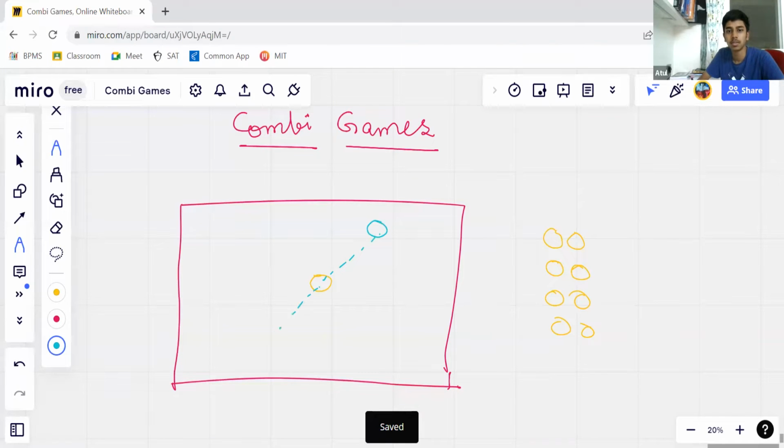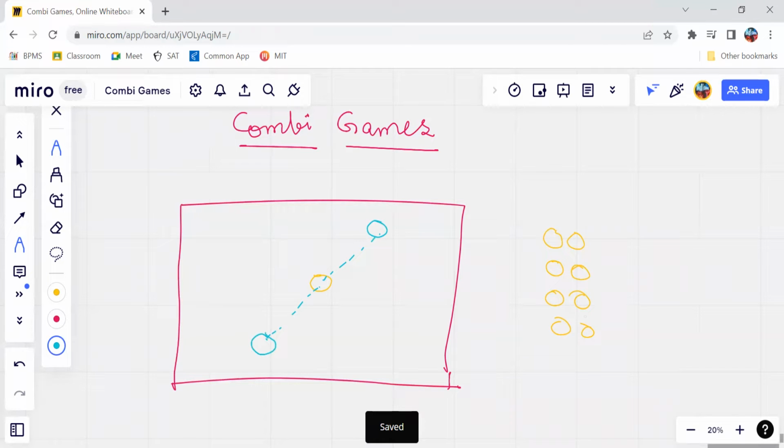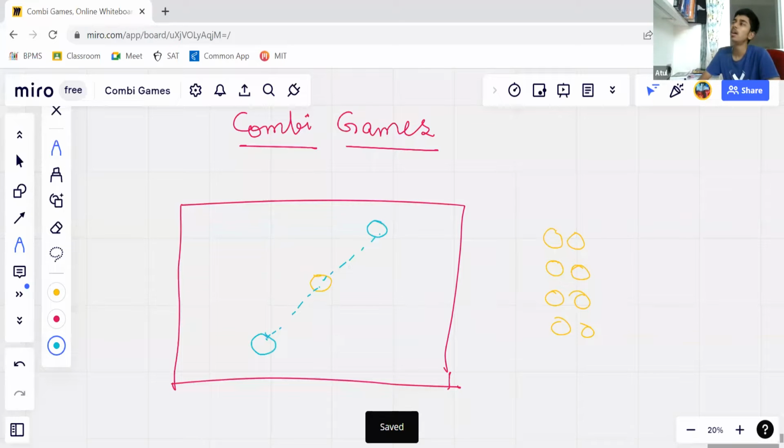We're also assuming the coin is small enough, so at least one coin will fit. So the strategy is that the first player plays in the exact geometric center of the rectangle. And every time the second player places a coin anywhere, you just reflect that coin across the center and place a coin there.